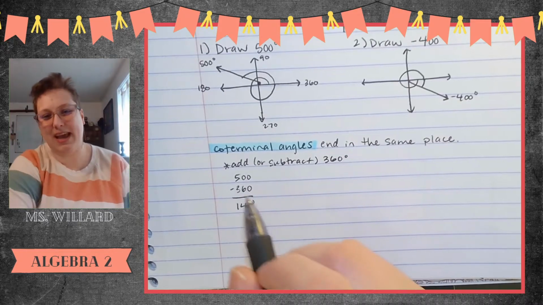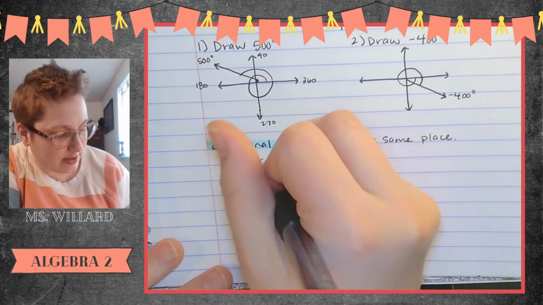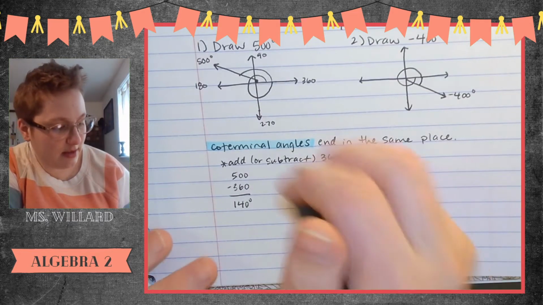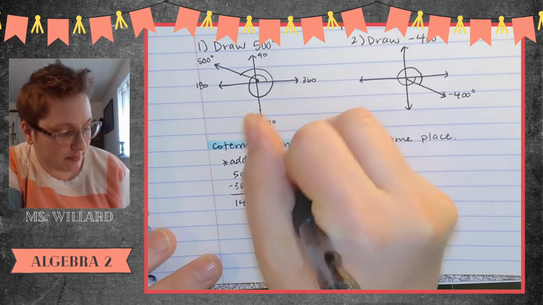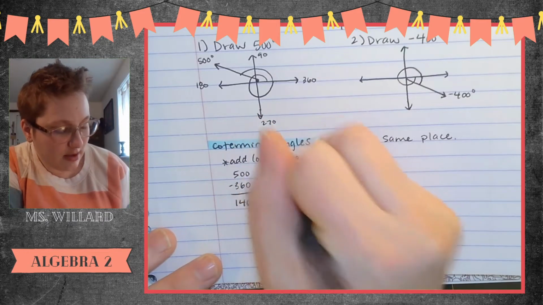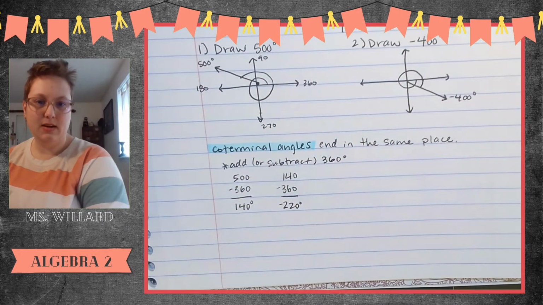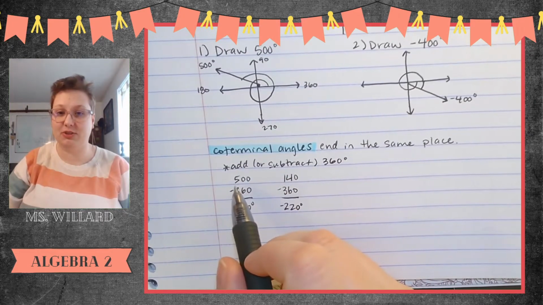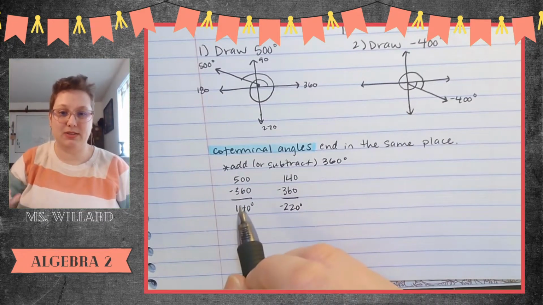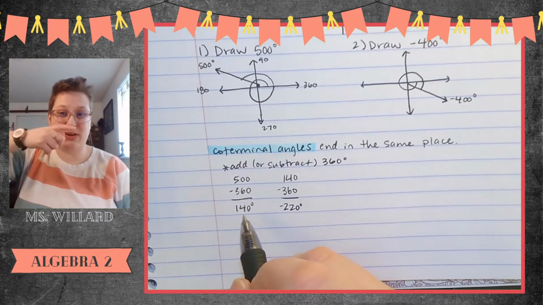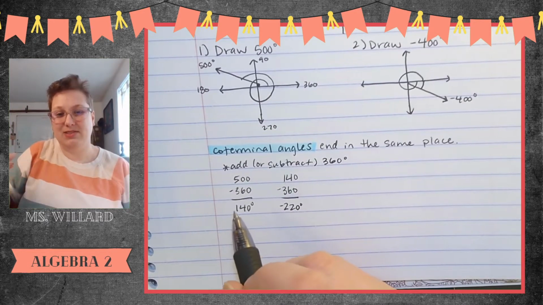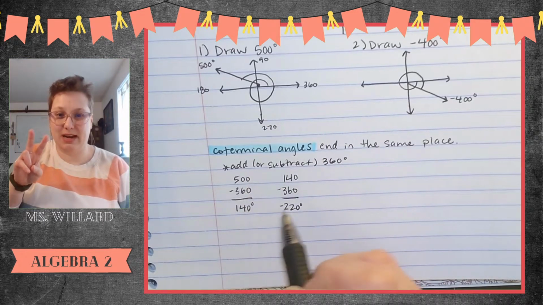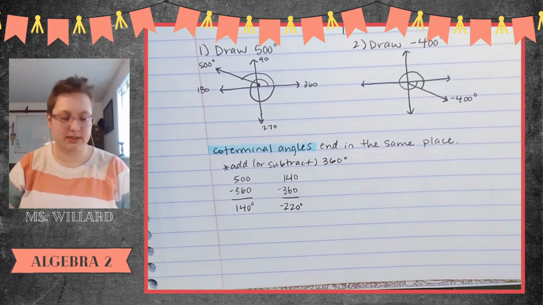I could also do 140 minus 360 for another coterminal angle. Negative 220. So these both are coterminal with 500 degrees. So if I went to 500, I could also just go to 140, or I could go to negative 220. A lot of times when I give you a problem like this, I'm going to ask for two, a positive and a negative, so that would count for this.